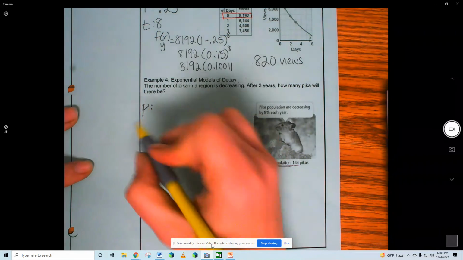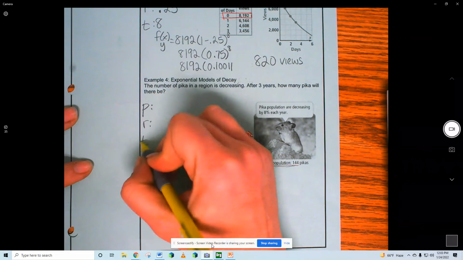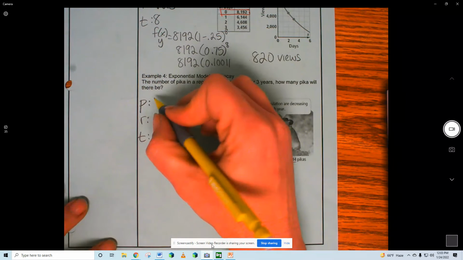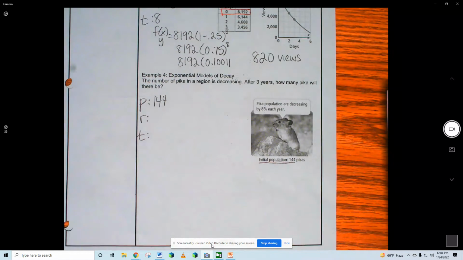P is what I start with. Rate is what I'm decreasing by. T is my time. What is my P? What did I start at? 144. Principal, how much we started with. What did the population start at? Or the amount of money I had to start.